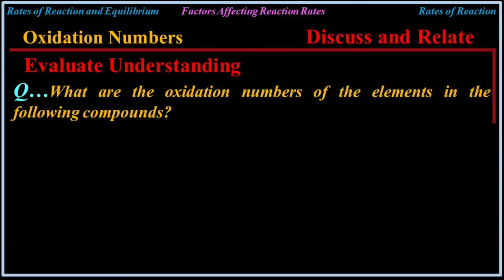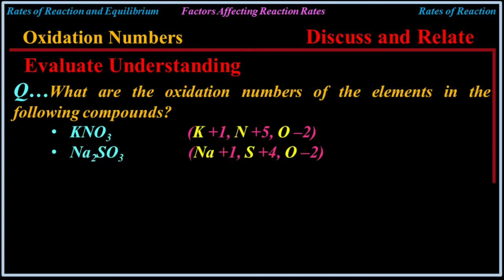What are the oxidation numbers of the elements in the following compounds? Let's look at the first one, potassium nitrate. 3 times -2 would be -6, so the rest must be +6. The potassium is +1, so the nitrogen would be +5, and then the oxygen is -2.